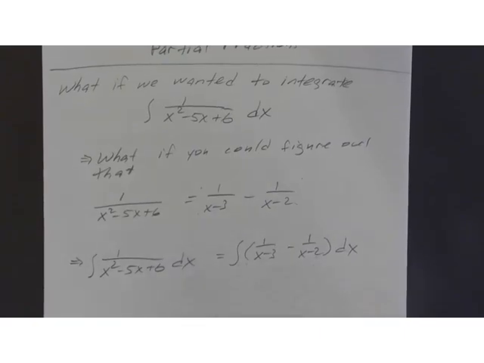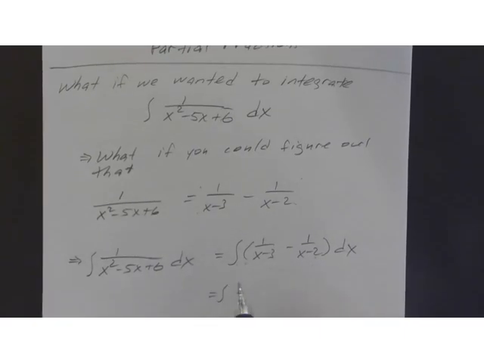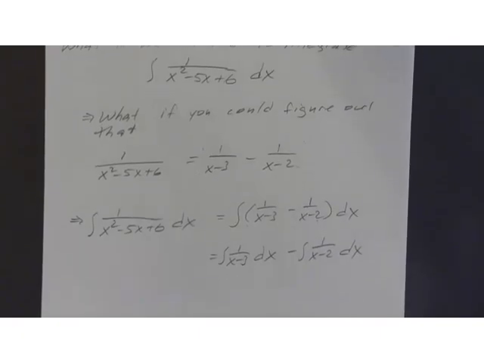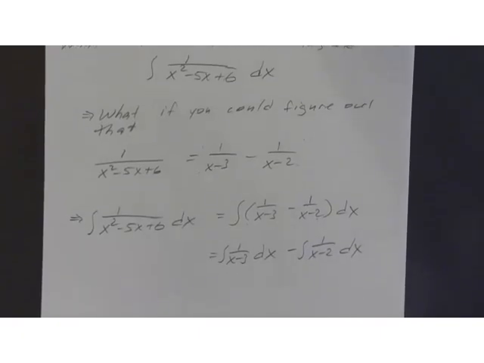So if we distribute the integral, that's the integral of 1 divided by x minus 3 with respect to x minus the integral of 1 divided by x minus 2 with respect to x. And that just gives us the natural log of the absolute value of x minus 3 minus the natural log of the absolute value of x minus 2 plus c.